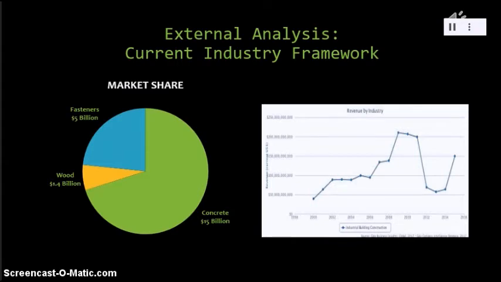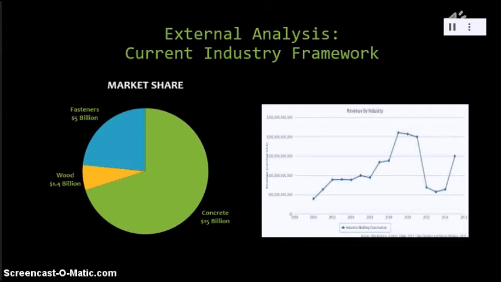Here we see a pie chart that shows the entire market share of Simpson's industry in which they operate. Fasteners, wood, and concrete are the three main operating segments. Current concrete market share is $15 billion a year. $3.5 billion, or 23% of this concrete, is Simpson's share of the market.